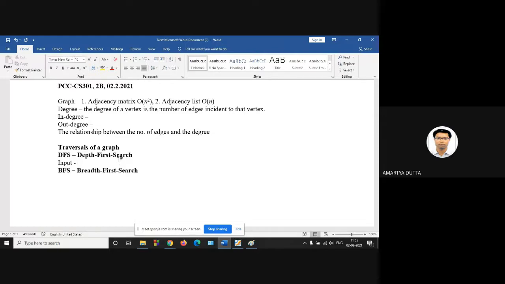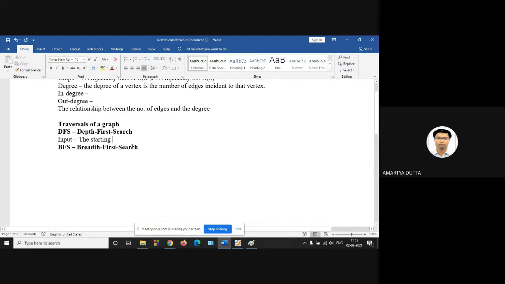Input is the starting vertex, let this be V, and n is the number of vertices of the graph G. So G is your graph.